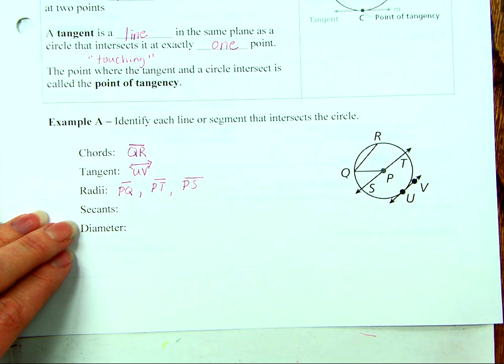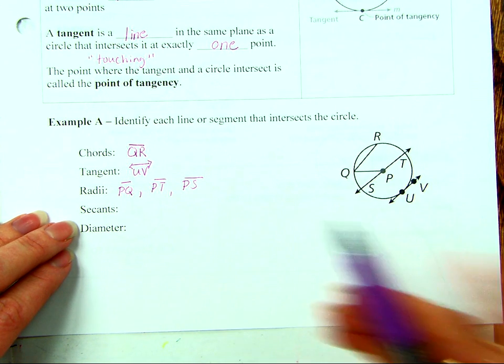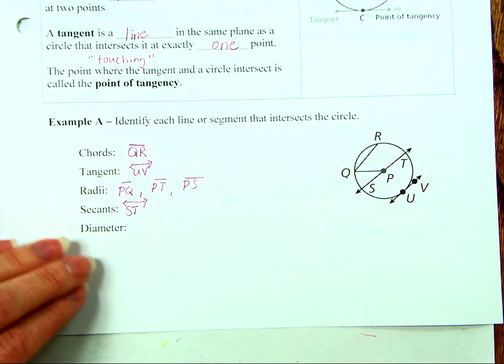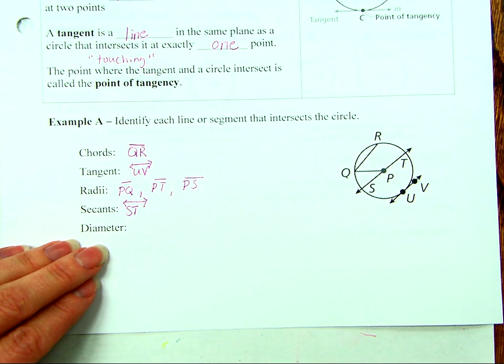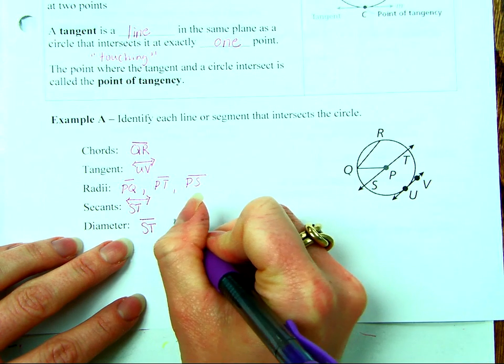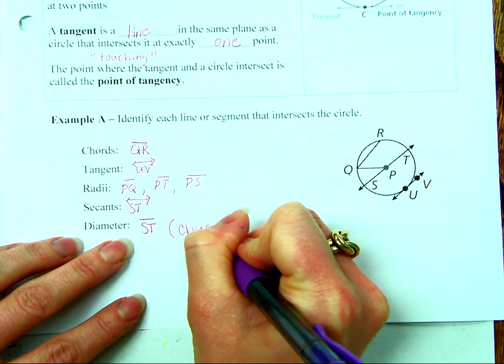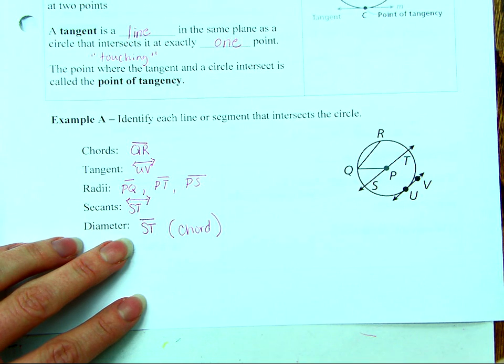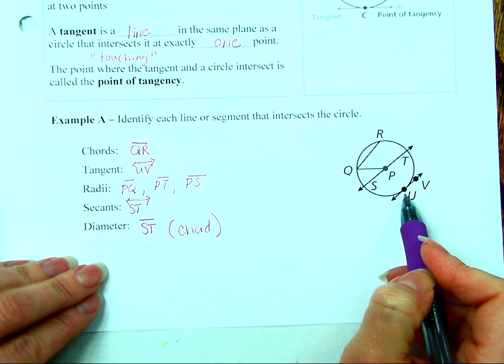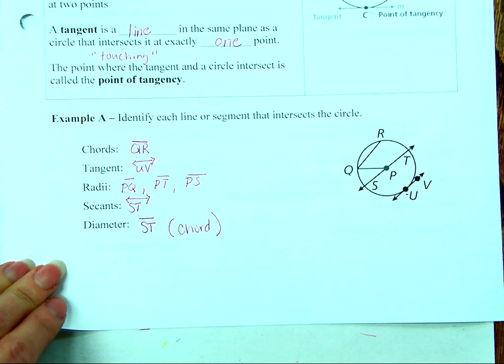My secant line going all the way through, well, this would have to be my line ST. I'm going to put the symbol on top. My diameter is segment ST, and like I said before, this is also a chord. My point of tangency here would be U. It's not asked, but U would be considered my point of tangency.